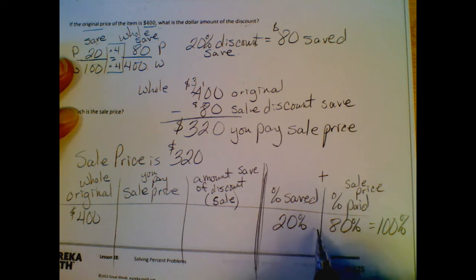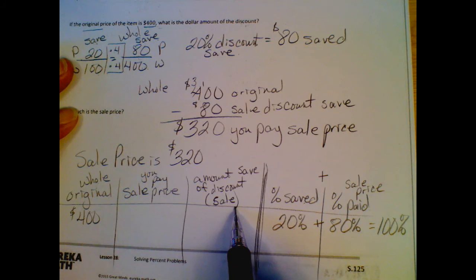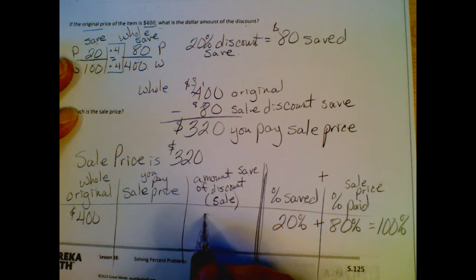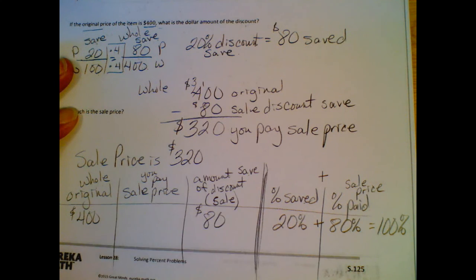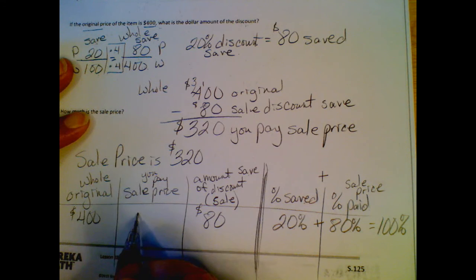So when we flip over, we're going to add this specifically. Okay, now what we figured out is the amount of discount, the sale. This is what you saved price. This is our $80. And the sale price, what you end up paying, which we had was $320.